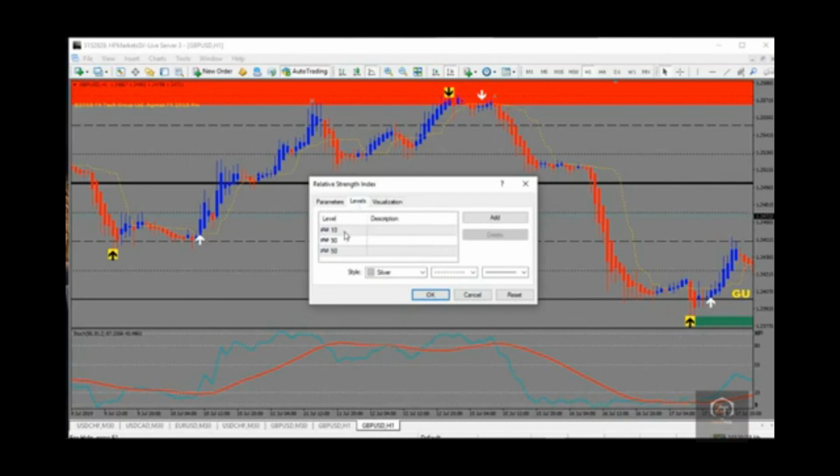Now add the levels 10, 90 and 50. You can add any kind of levels you want. Remember, the stochastic has 80 and 20. I just added these levels for more confirmation of my own, depending on the way you trade. Then I click OK.